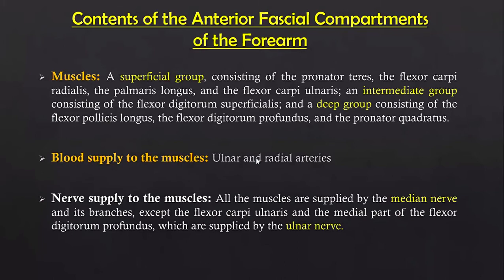The muscles of the anterior fascial compartment of the forearm are divided into three groups: the superficial, intermediate, and the deep group. The superficial group of muscles consists of the pronator teres, the flexor carpi radialis, palmaris longus, and the flexor carpi ulnaris.